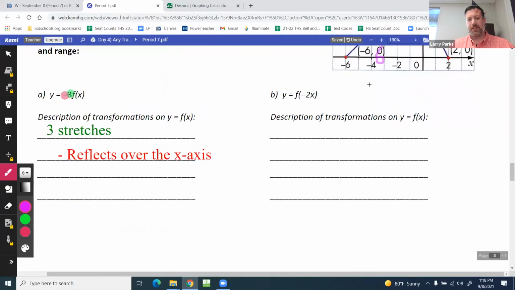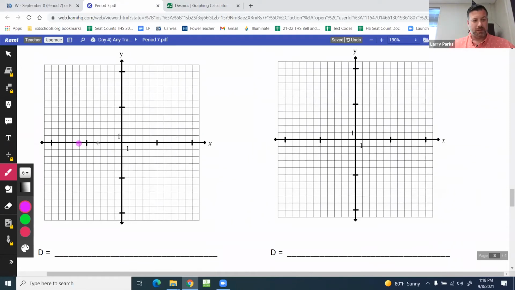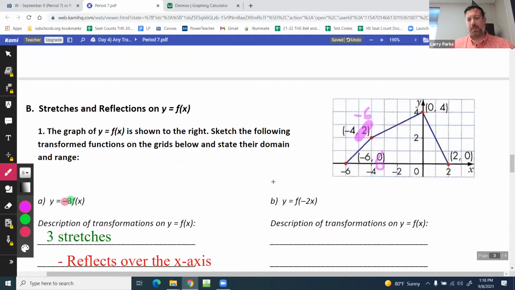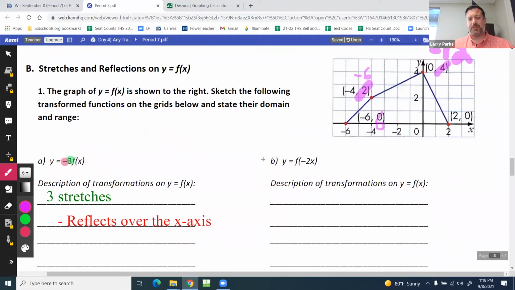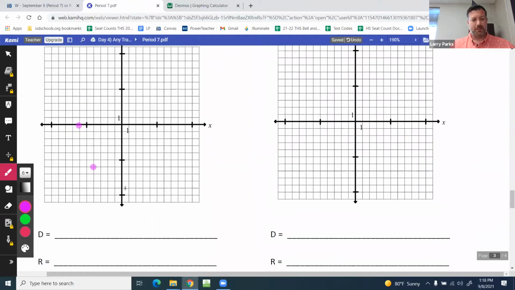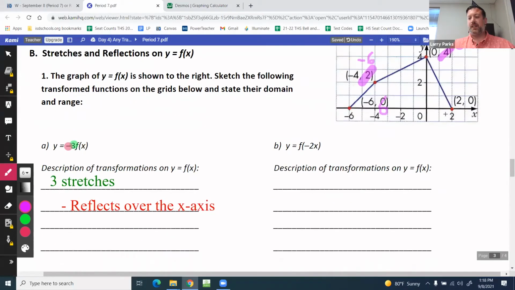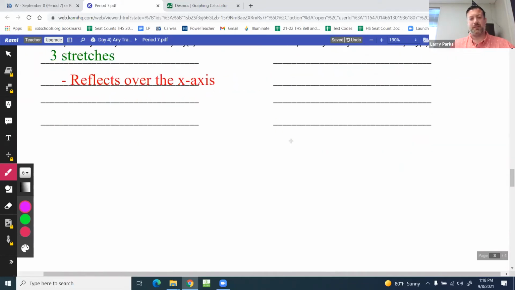So I'll plot -4, -6. There we go. And then I multiply this by -3, and that becomes -12. So I'm going to plot 0, -12. Be about right there, approximately. And then I'm going to multiply this by -3, but it still stays 0. So I'm going to plot 2, 0. It's going to stay the same.